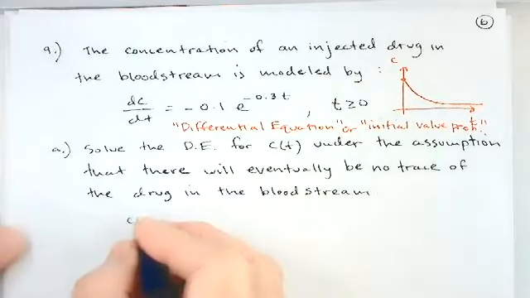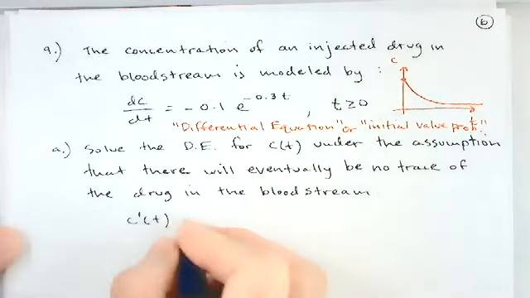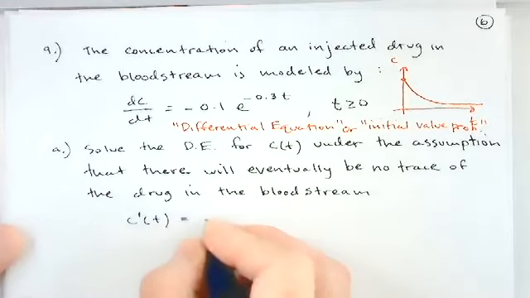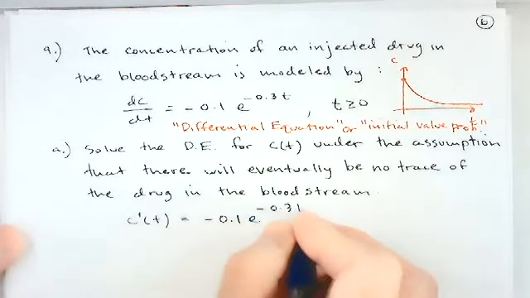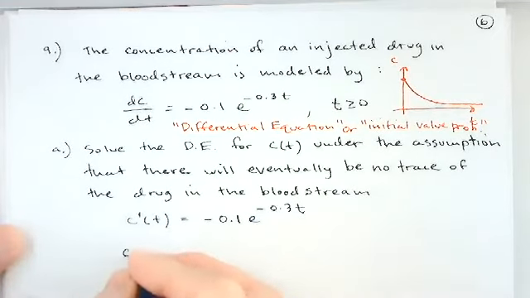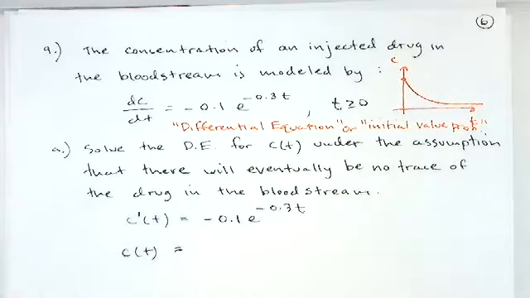So we have C prime of t equals negative 0.1 e to the negative 0.3 t. So to find the actual concentration, we're going to want to do the antiderivative.